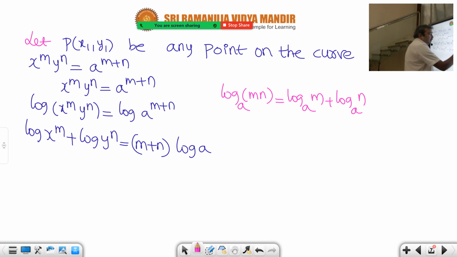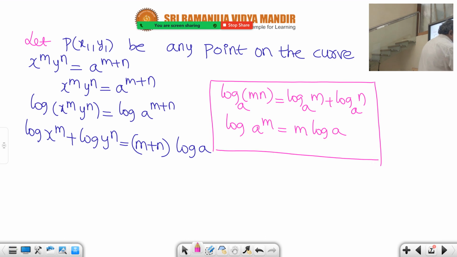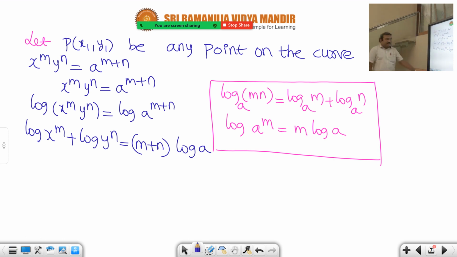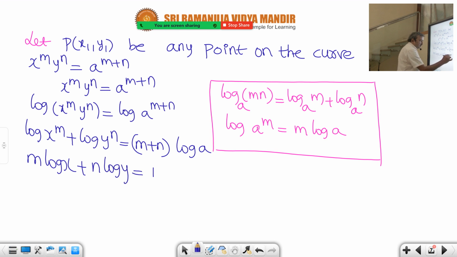Here the formula applied, logarithm of a power m is equal to m log a. So these are the two formula we are applying here. Again m will come front. So the result is m log x plus n log y is equal to m plus n into log a.